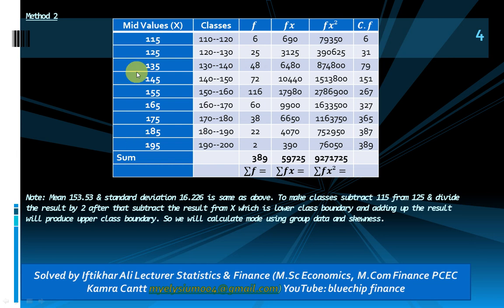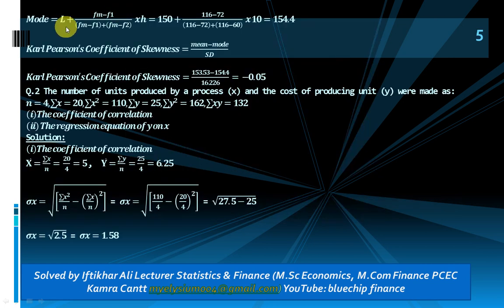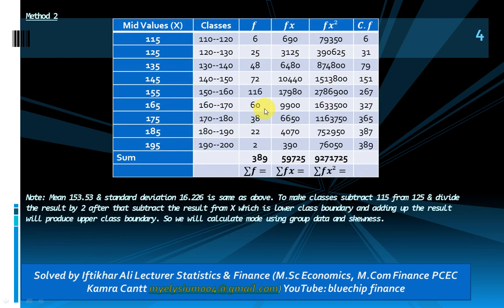So h is the difference of x values. Now you can calculate mode through this method also: L plus fm minus f1 divided by fm minus f1 plus fm minus f2, multiplied by h. And how can we select the class? Simply, the class which has maximum frequency is your modal class.